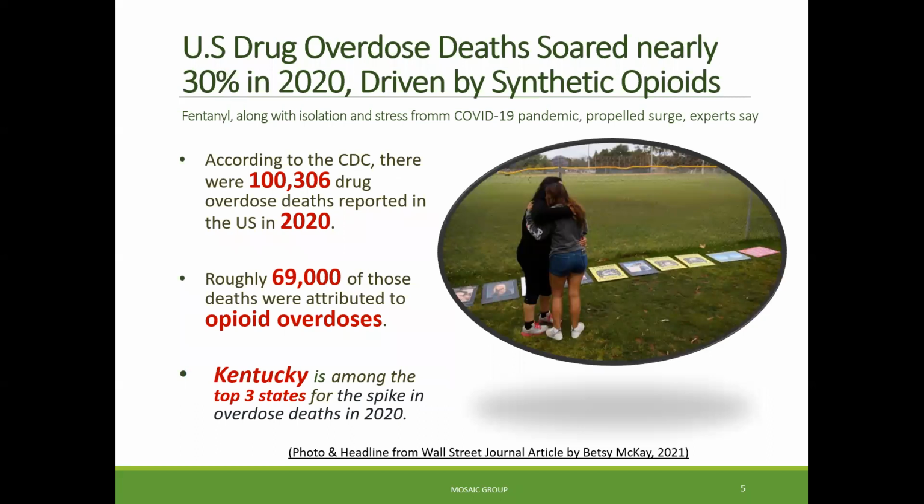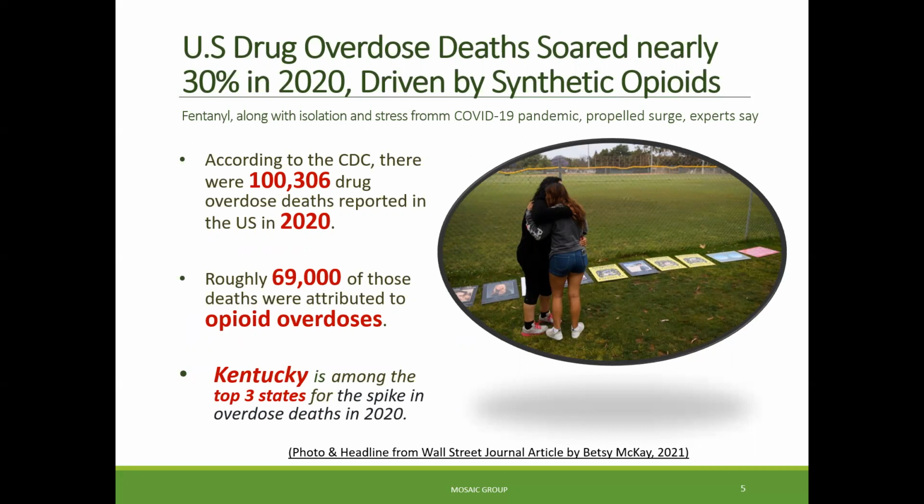When it comes to drug overdose deaths, our nation was hit incredibly hard in 2020. As I mentioned, according to the CDC, there were 100,306 drug overdose deaths reported in the United States last year. Roughly 69,000 of those deaths were attributed to opioid overdoses.